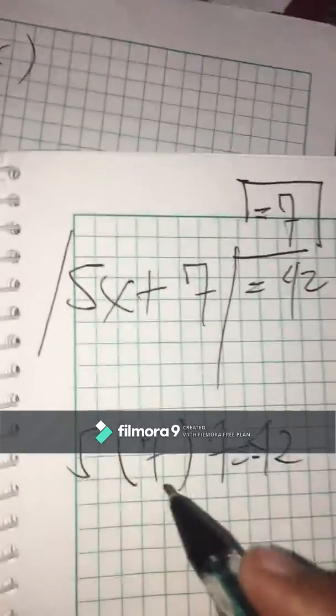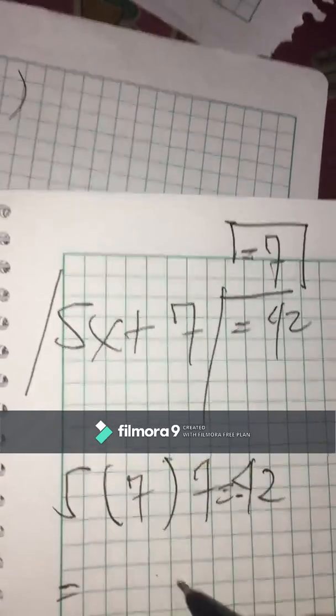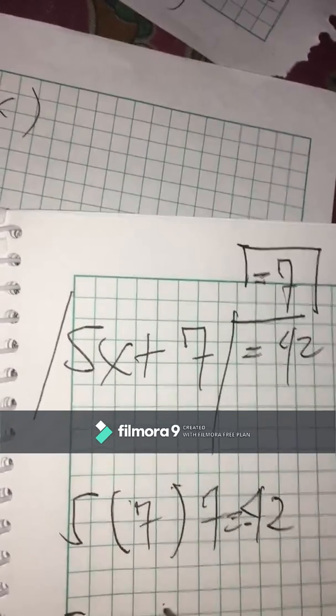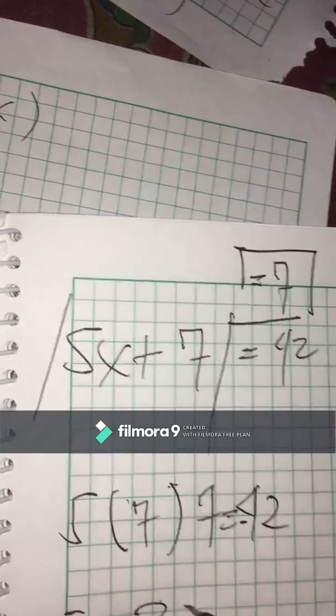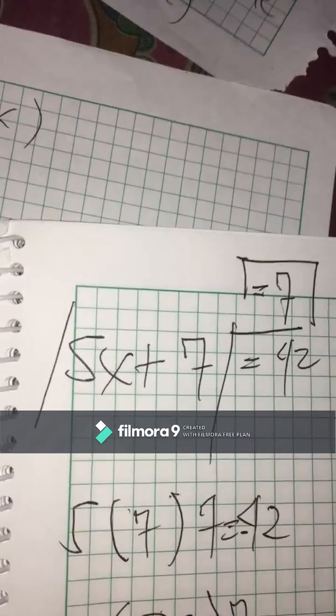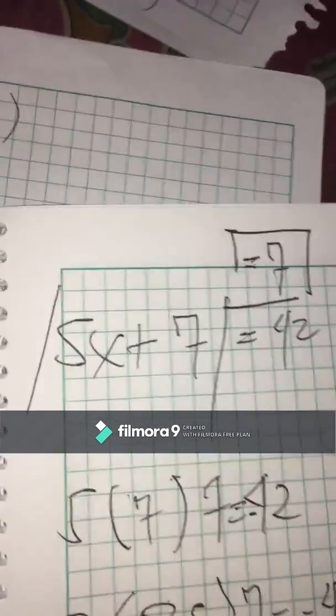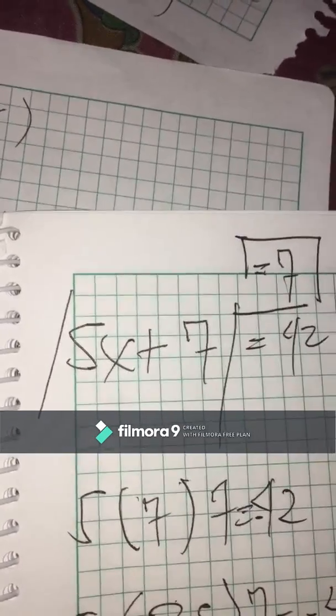So 7 times 5 equals 35. So 35, 7 here is 42, negative 42, and then 7 plus 35 was 42.